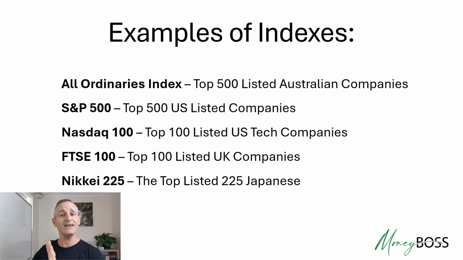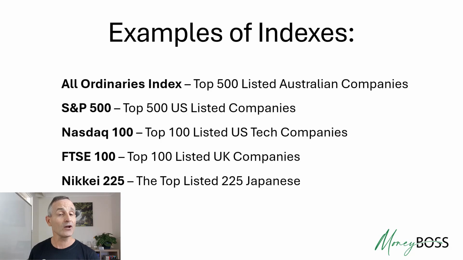And so you will have index funds that will choose an index, and they will say, we are just going to replicate the return of that particular index because we think that is the best way we're going to give our investors a good, solid, consistent return. So that is the goal of an index fund.